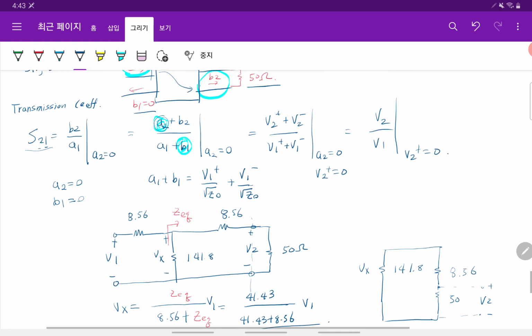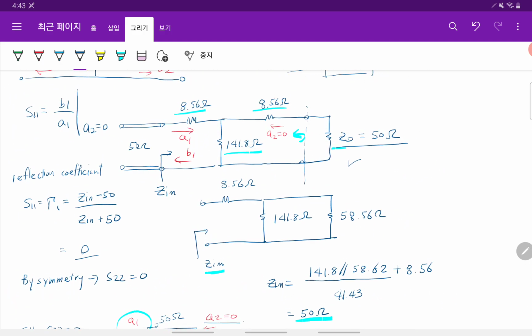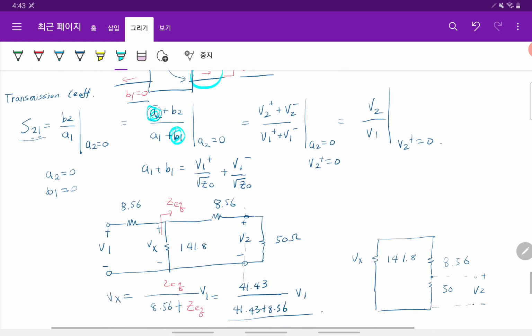So basically there is a resistance that dissipates, burns half of the input power, and only half the power comes out. The other half is dissipated, burned inside the circuit resistors, right?